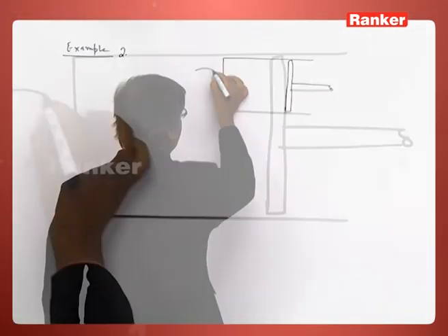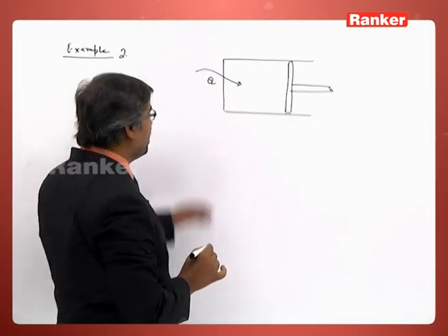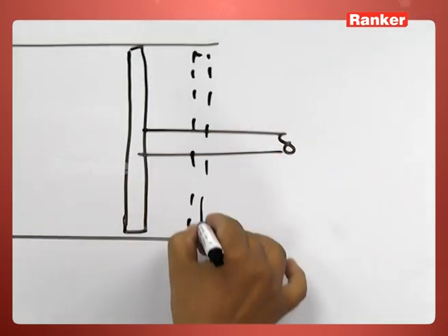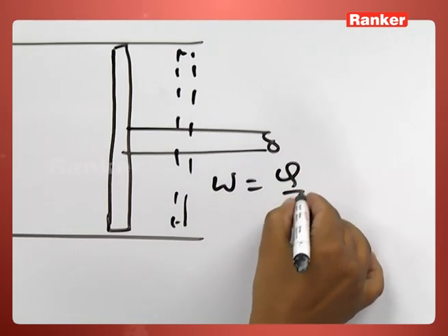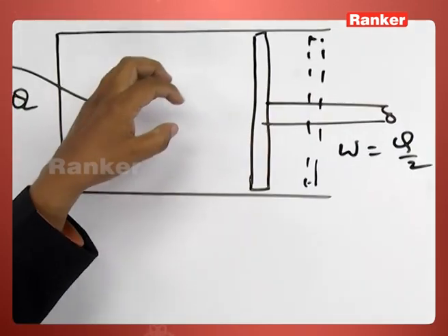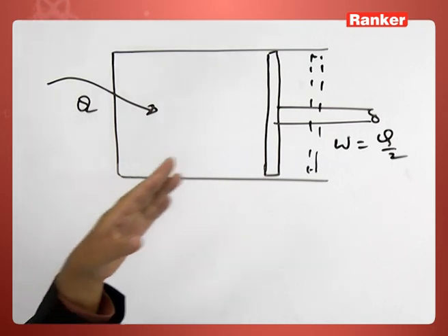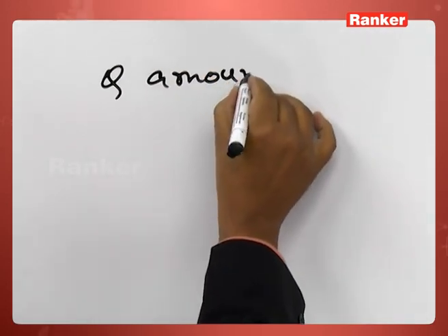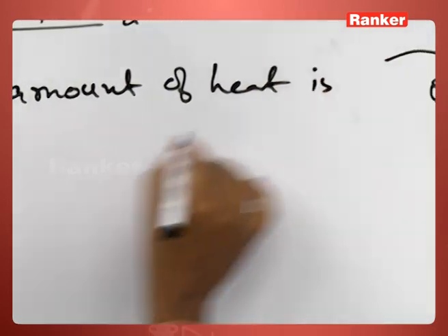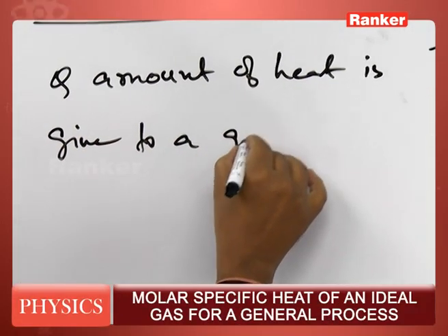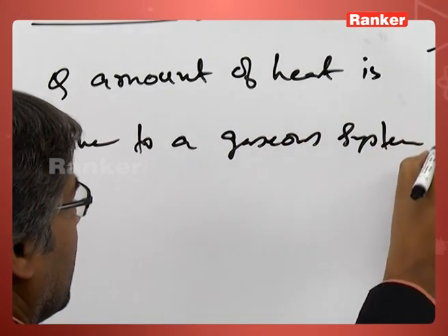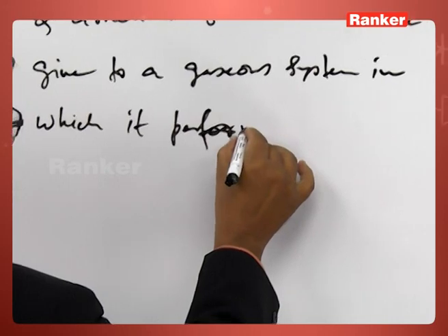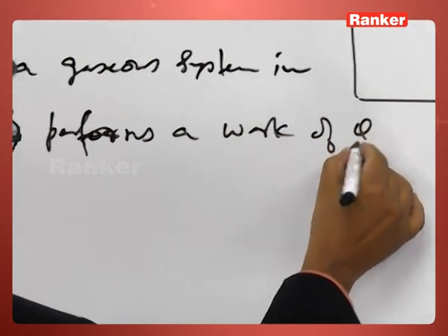Q amount of heat is given to the gaseous system, and as a result the piston expands, and it performs a work of Q by 2.